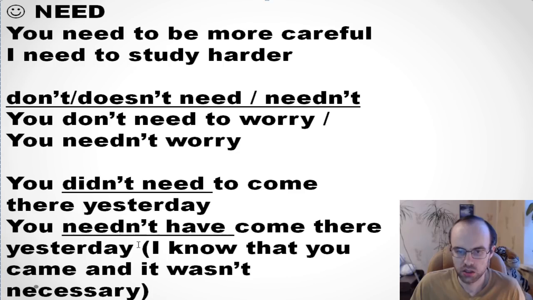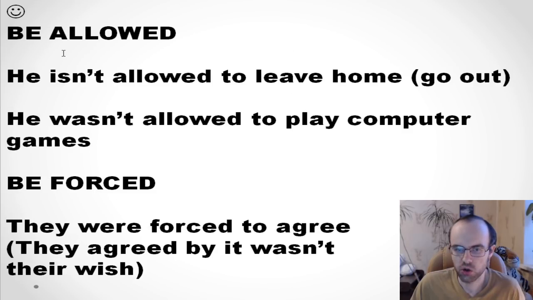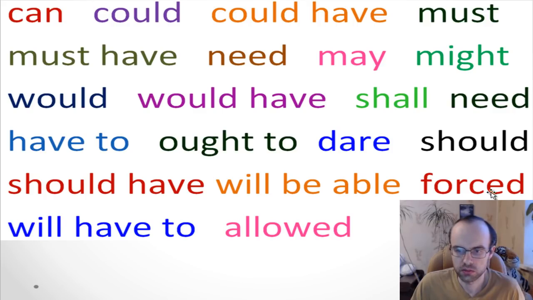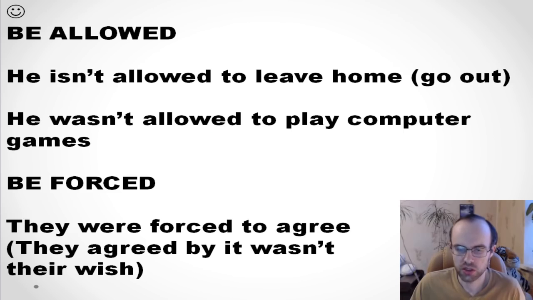It's okay. Okay, next. You also need to know some structures, like be allowed and be forced. We also see it here. So forced and allowed. So it's also about modal verbs structures.